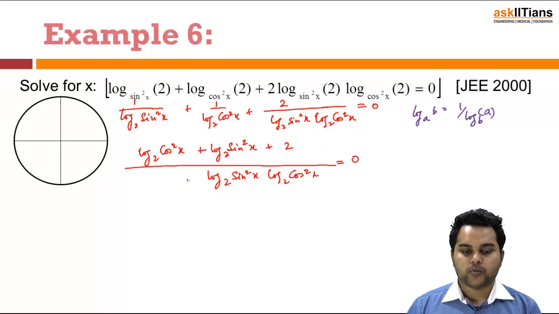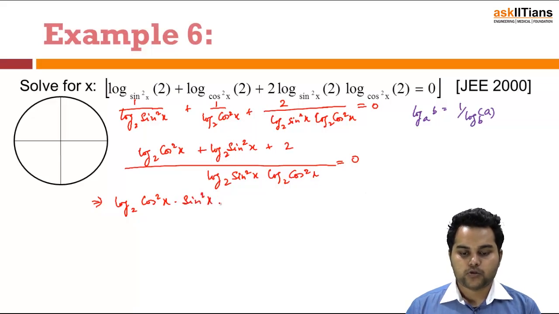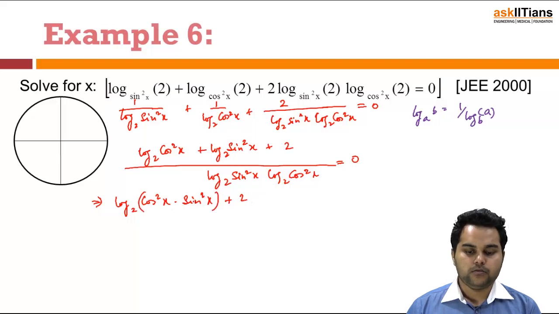So only the numerator part would be equated to 0, and I get log base 2 of cos square x into sine square x plus 2 equated to 0.